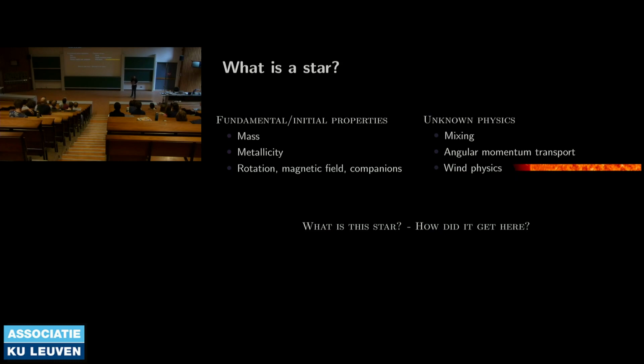As we saw last week as well, wind physics is also something that's parameterized, that you have laws for, that need to be tested observationally. So if we want to model a star, we need to take all of these things into account.